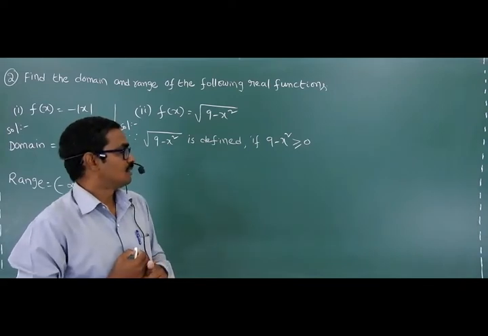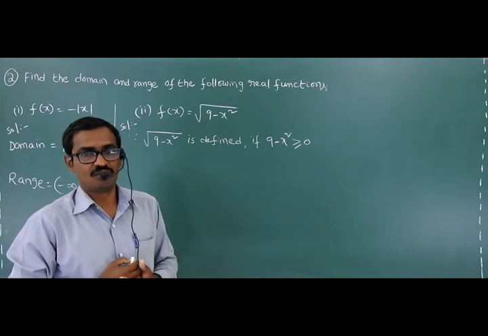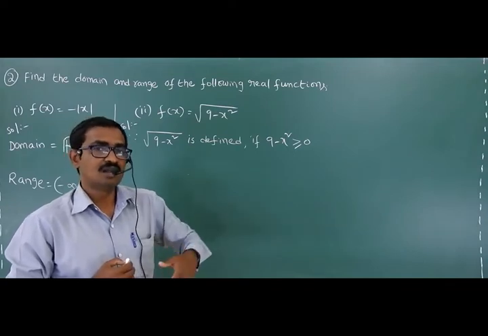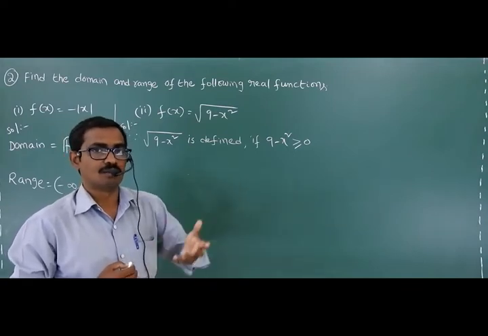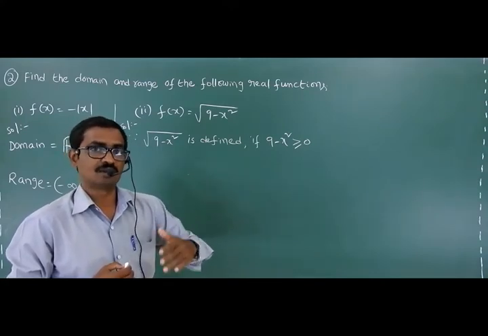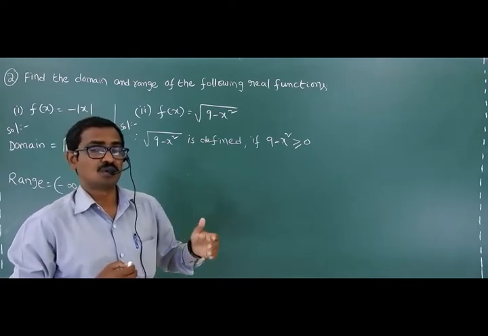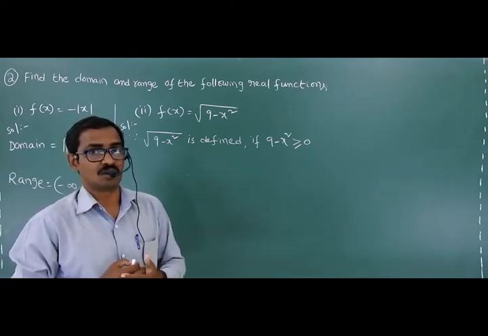When you multiply by minus 1, the symbol will be changed. When you multiply by any negative real number, the symbol will be changed. Greater than becomes less than, less than becomes greater than, less than or equal to becomes greater than or equal to, greater than or equal to becomes less than or equal to.